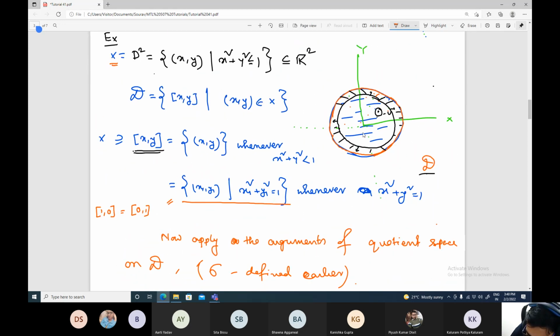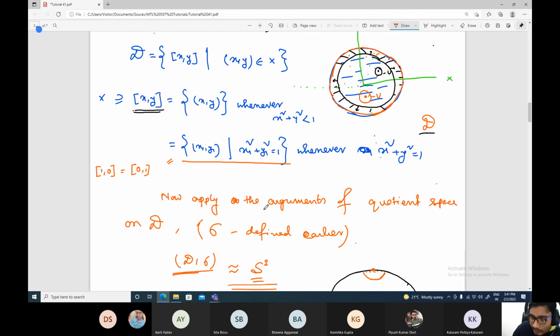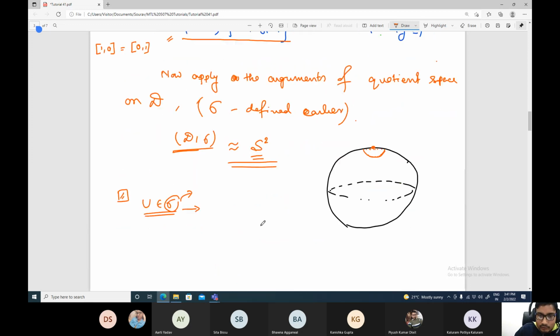If you consider a point in the interior, then what will be its neighborhood? Say it is U, and you can find a neighborhood which does not intersect the boundary, right?